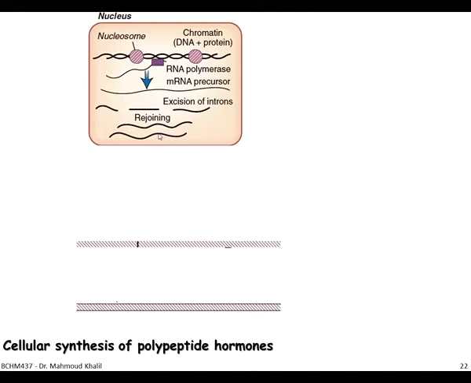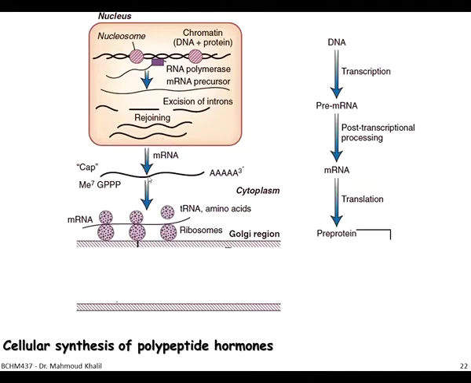Once the functional messenger RNA is formed, it migrates outside to the cytoplasm. You need to know that before the migration from the nucleus to the cytoplasm, it needs to be modified. This messenger RNA will acquire a cap, which consists of methyl 7-guanylate triphosphate, and it will acquire a polyadenine tail. Basically, these two modifications protect the messenger RNA from degradation in the cytoplasm.